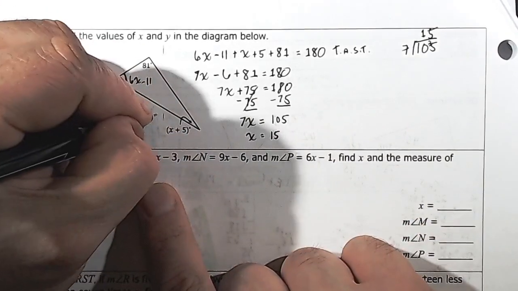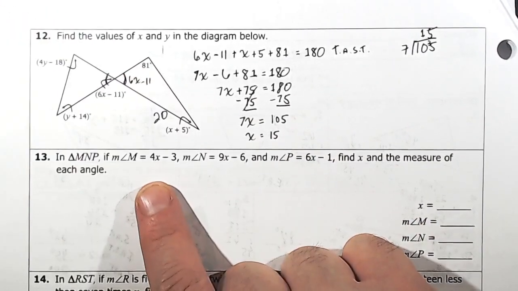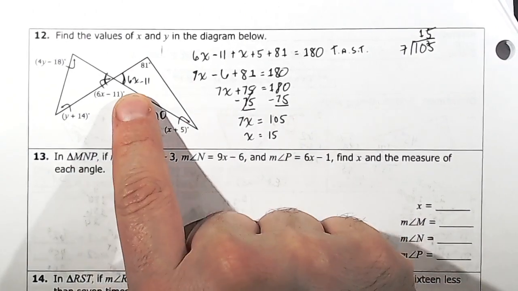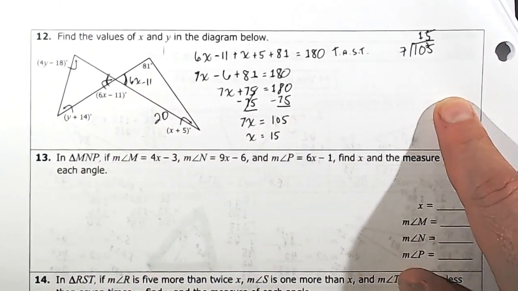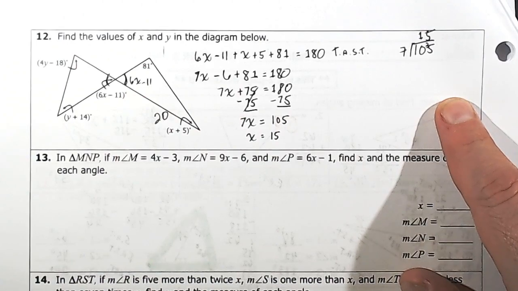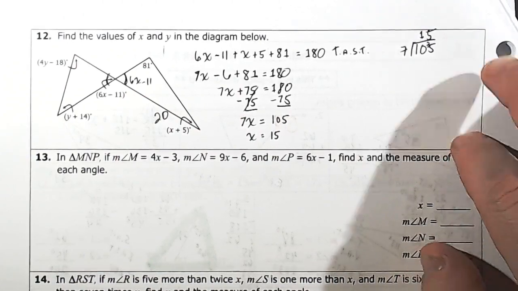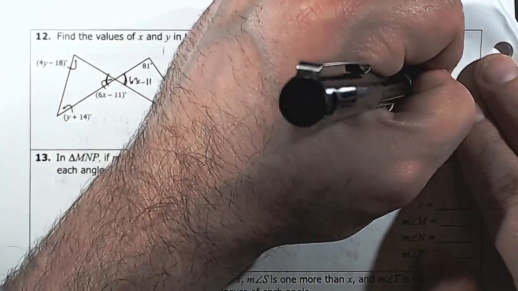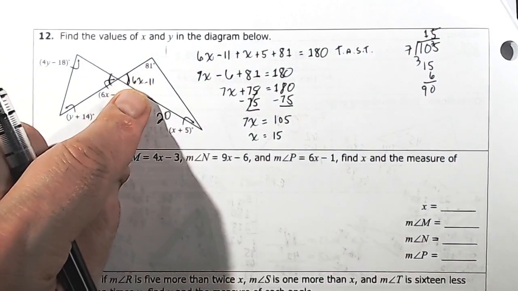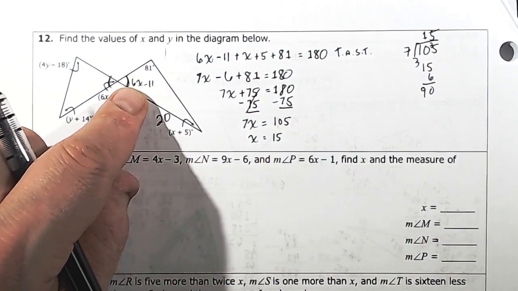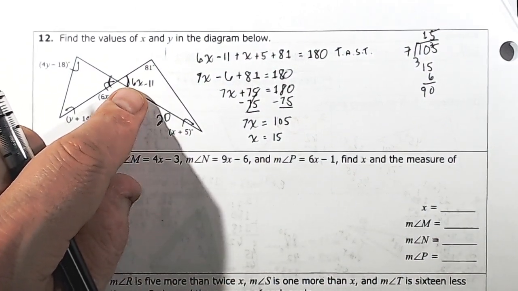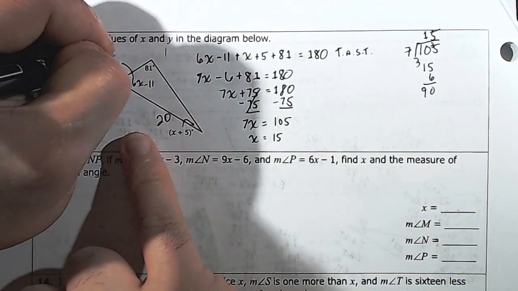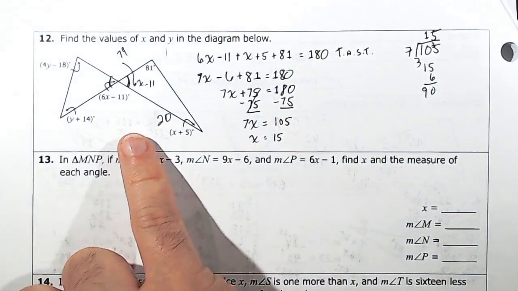Let's go ahead and solve for this angle here. 15 plus 5 is 20. So this angle is 20. And 6 times 15, what is that? Is that 90? I can't remember. So let's do 15 times 6. Yeah, it's 90. So 6 times 15 is 90 minus 11 is 79. So this angle here is 79.